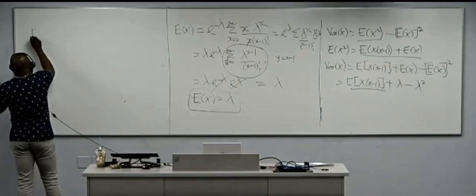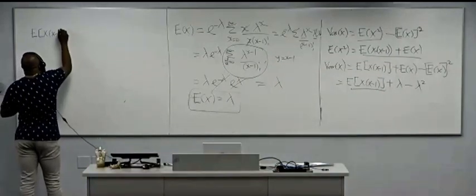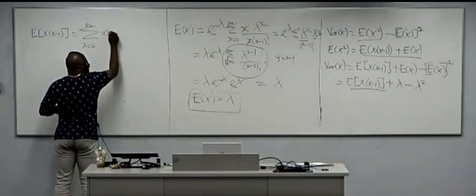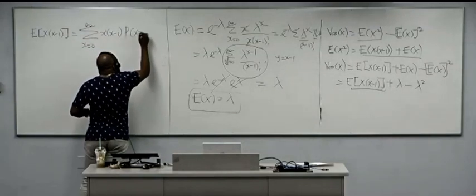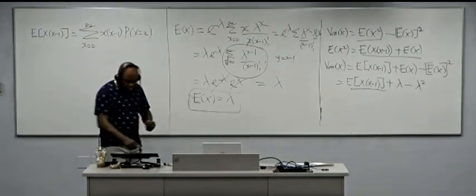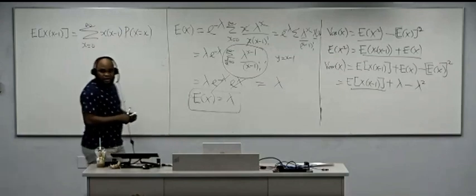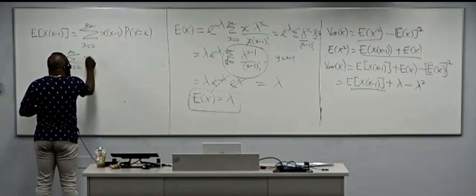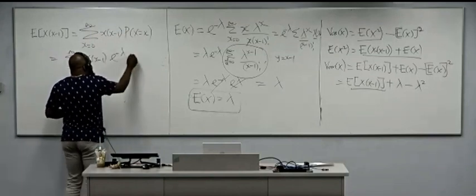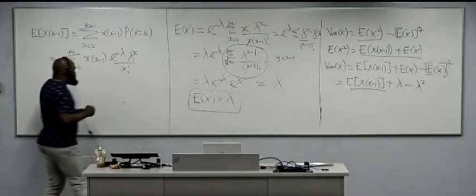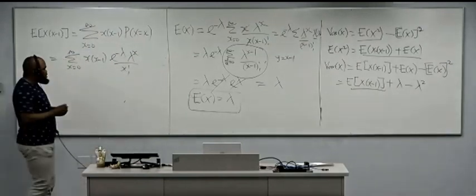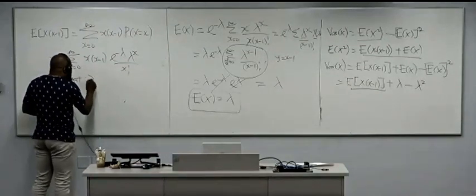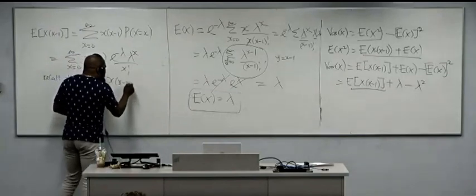expected value of x into x minus 1, with the summation x starting from 0 to infinity, x into x minus 1, the probability of that. Now when you have that, by the time you plug in the Poisson, you're actually going to have it. This time around, recall that x factorial can be x into x minus 1.